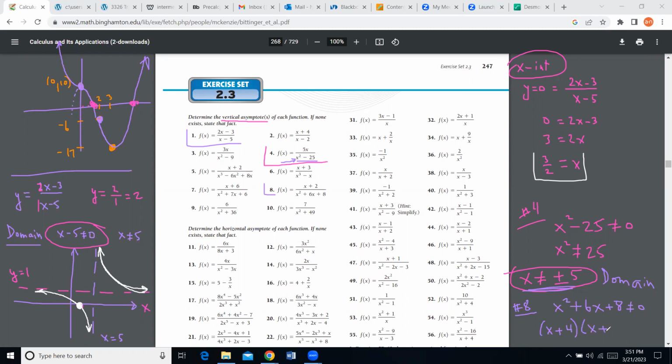So there are 2 problem values that we see here. It's minus 4 or minus 2. So these two are out and everything else is in. And at those 2 points, we have vertical asymptotes.